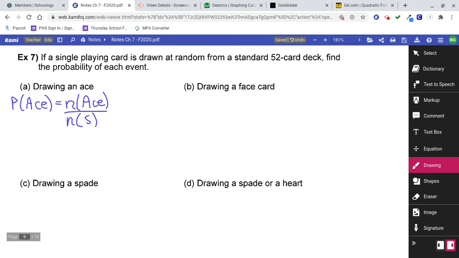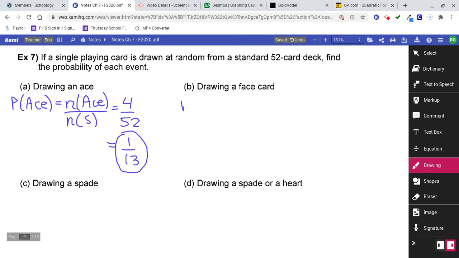Okay? So basically, we need to ask ourselves, how many aces are there? 4. Very good. And how many items are in the sample space? 52 cards in a deck. 4 over 52 reduces to 1/13.